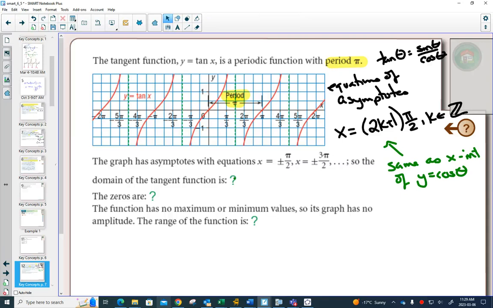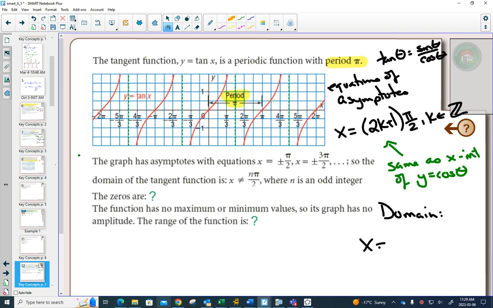this format actually isn't correct. When you write the domain, this is where you would say there are certain values x can't equal, and you would take those same x-intercepts of cosine. Those are the non-permissible values for tangent.